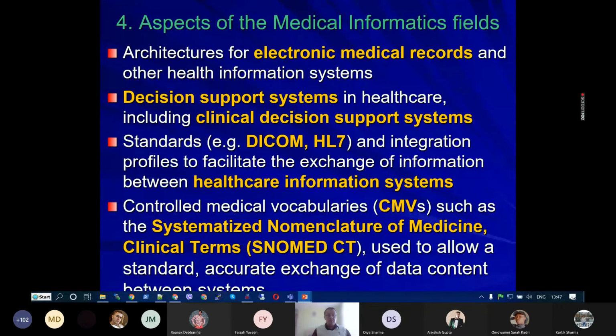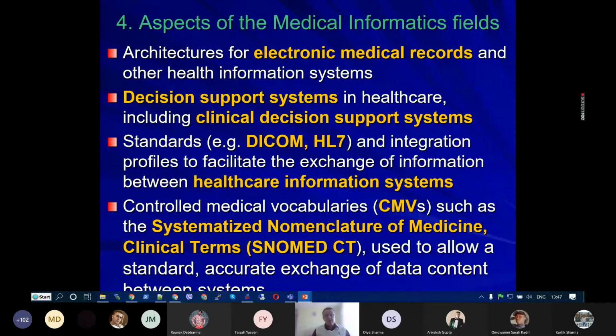As for aspects of the medical informatics field's activities, we have plenty of them, and this slide presents only 4 from that set, which is not finite, but they are the most common, widely visible, and useful.